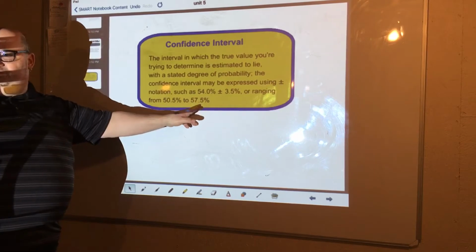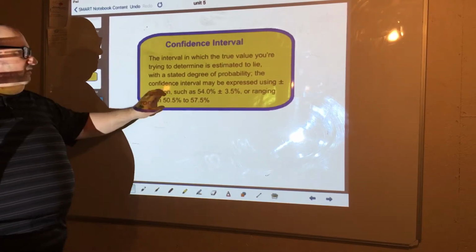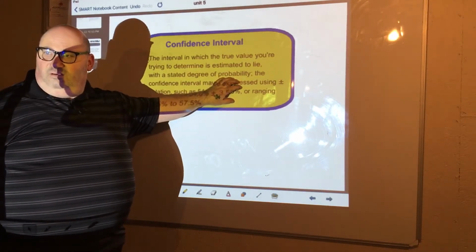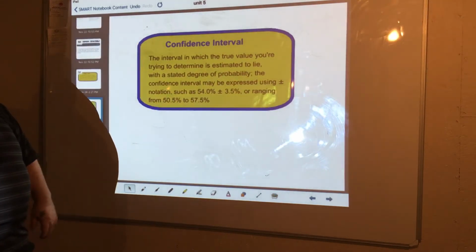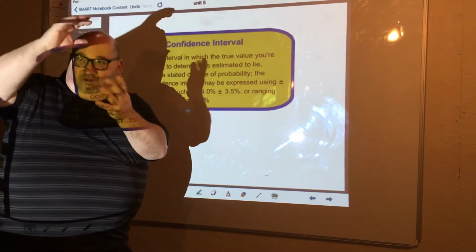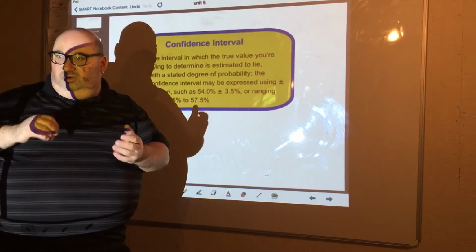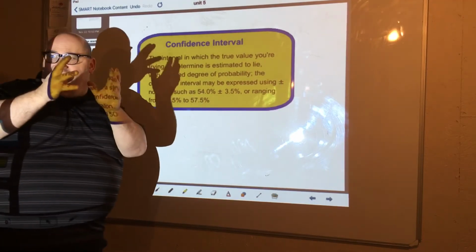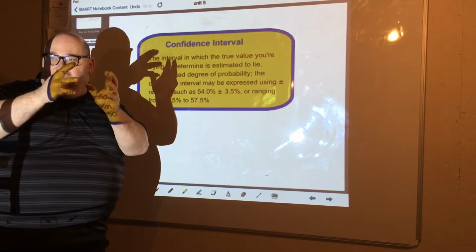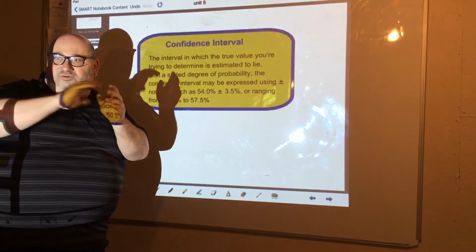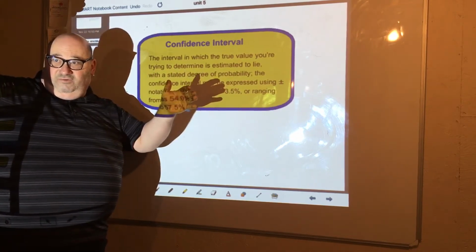So this is my confidence interval. This plus or minus, that's your margin of error. So when you're looking for questions that ask what's your margin of error, look for the plus or minus sign in the question. If you're looking for the interval, then take your mean, your average, and add the percentage, subtract the percentage. That then gives me the interval.